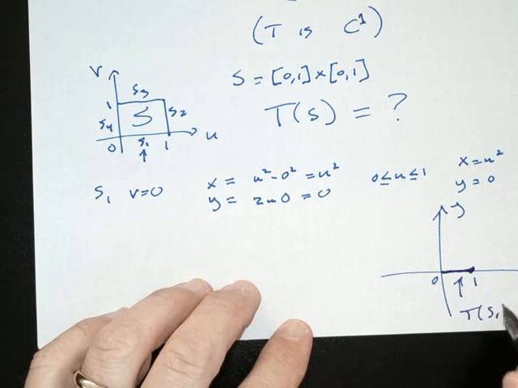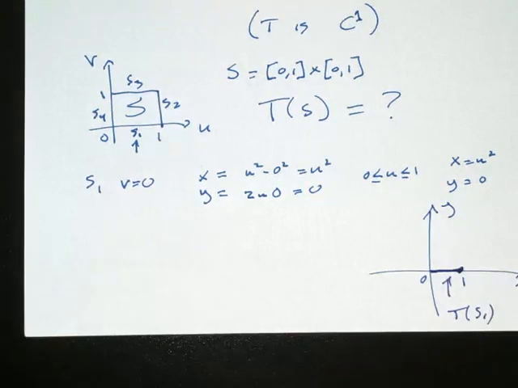This is T of S1. The only thing that changes is X, and X has to be between 0 and 1. Now, we don't go smoothly across. We speed up, because as U gets bigger, X is U squared, so we move quicker.